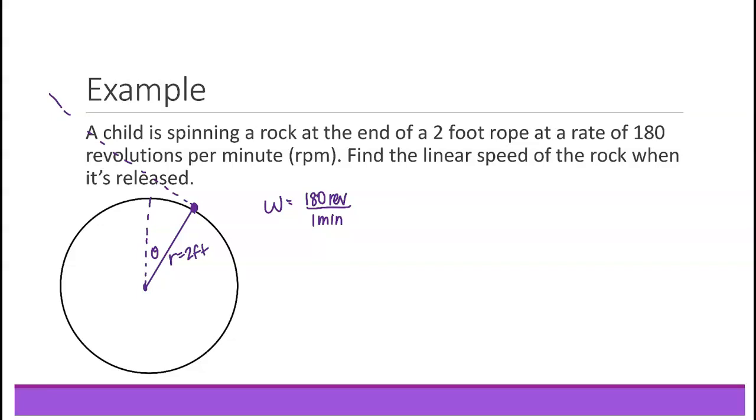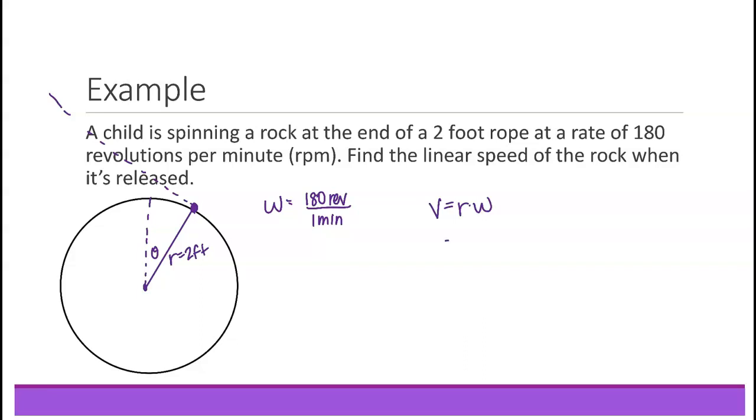So there was a relationship between linear and angular speed. We had v is equal to r times omega. So the linear speed v is the radius times the angular speed.